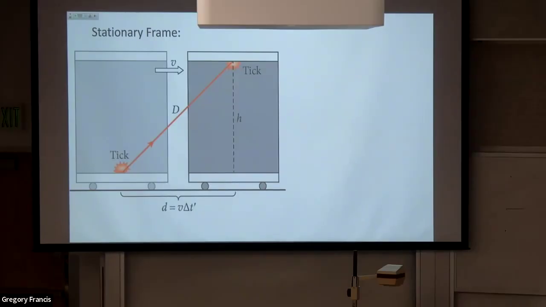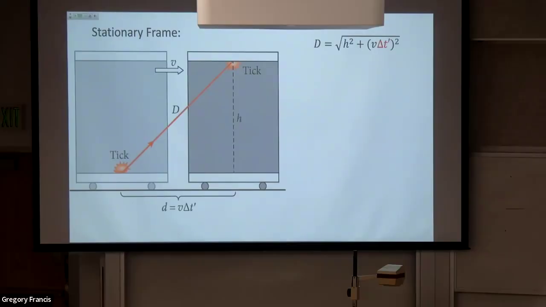And this distance is a longer distance than that distance. Okay? Well, let's see how much longer. We can use the Pythagorean theorem. The hypotenuse squared is just this side squared plus this side squared. This is how far it travels in the time that the light took to get from here to there.